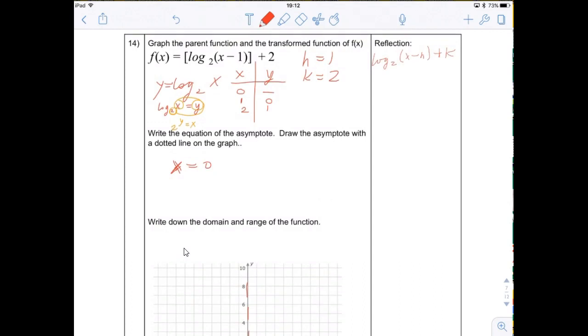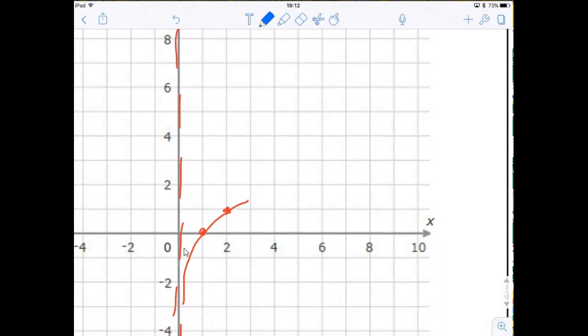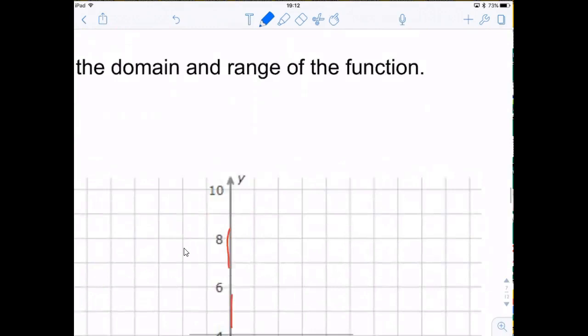Okay, now what happens if we translate the function 1 to the right and 2 up? What does that look like? So now I'm going to take each one of these points and move them 1 to the right and 2 up.